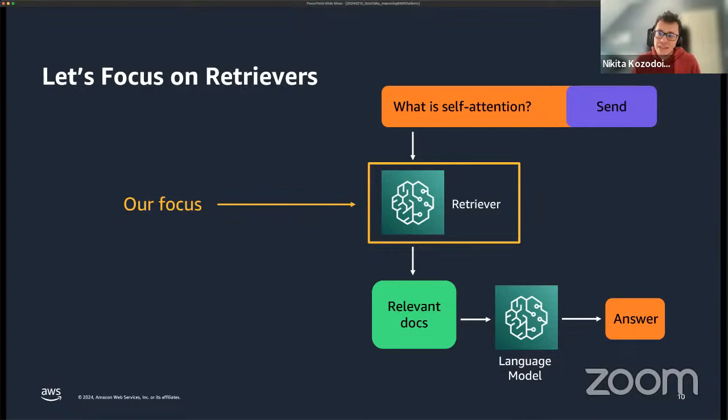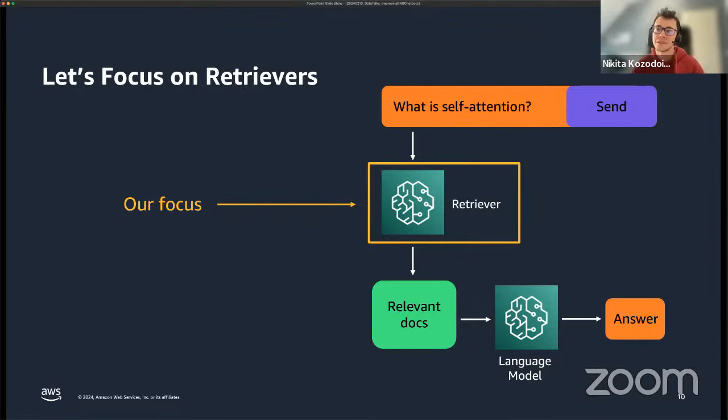There are a couple of studies that quantify the specific accuracies and improvements based on whether or not you have a good retriever. But on the intuitive level, if you have very good notes, even if you are not that smart yourself, or if you as a language model are not a very big model, you haven't seen a lot of data, you haven't seen the whole internet, so even if you have a smaller model that is a bit less capable, you will still be able to answer correctly because you saw the good notes.